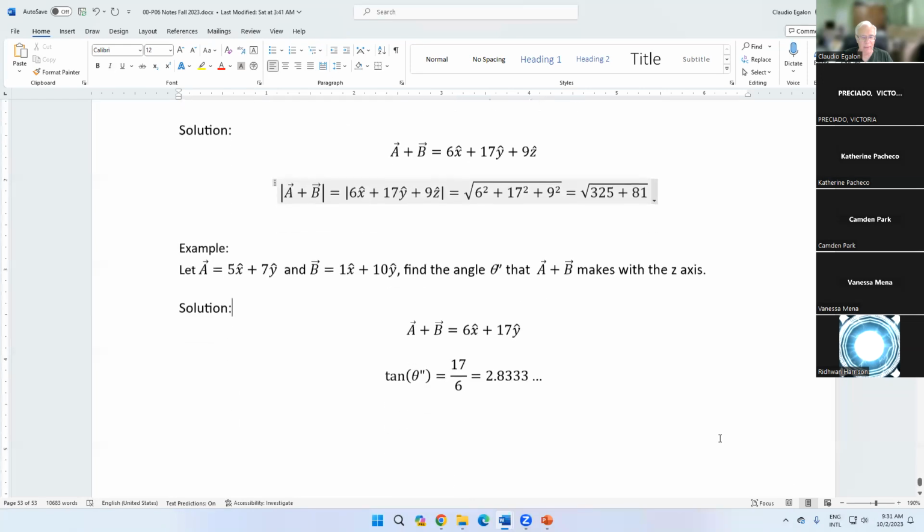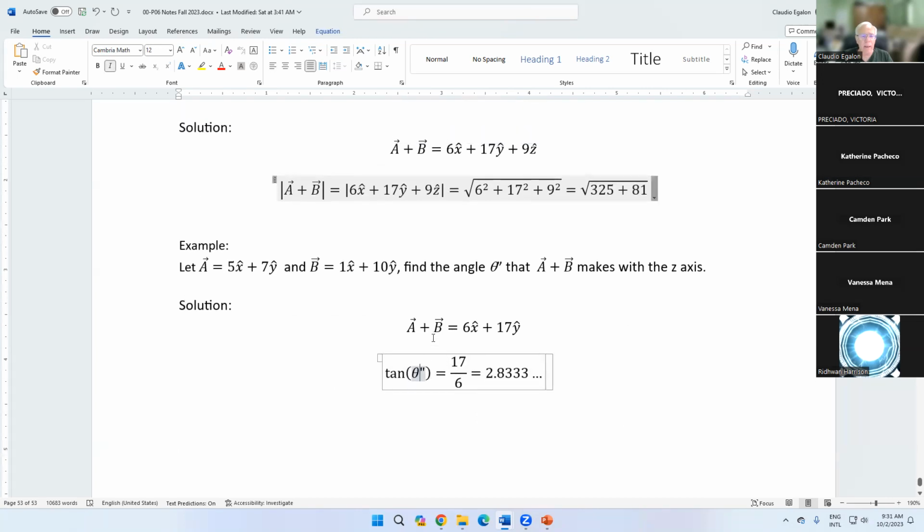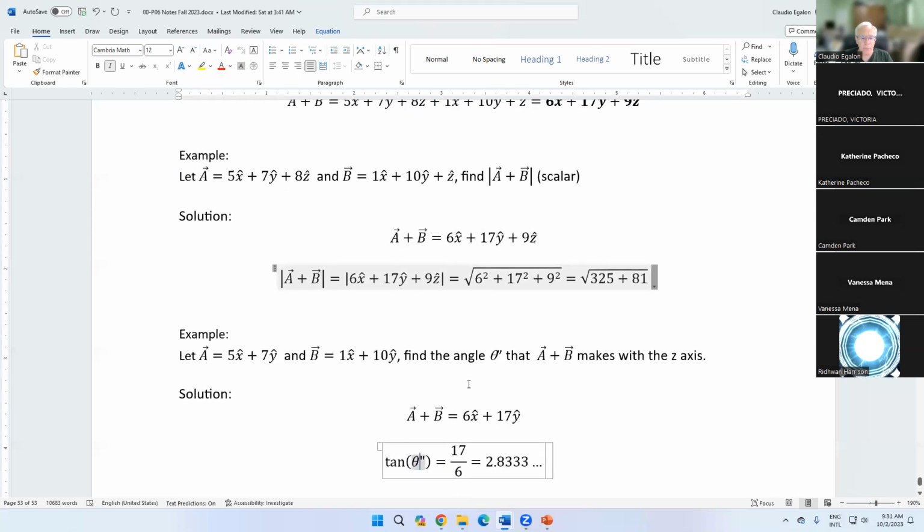With the z-axis. And that's going to be 17 square plus 36 plus 36, right?